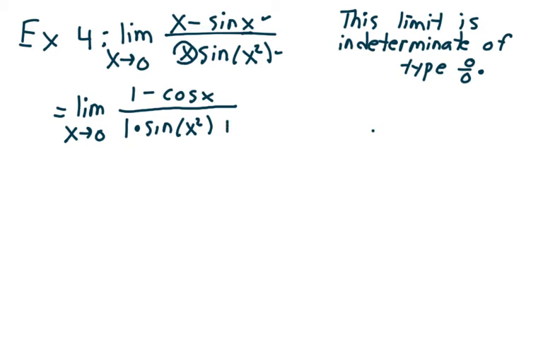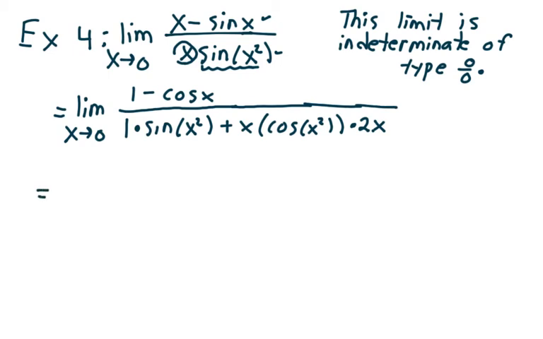Then I'm going to add x times the derivative of the second, times the derivative of sine of x squared, and I get cosine of x squared. But by the chain rule, I have to multiply by 2x.